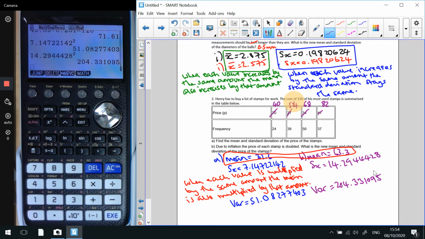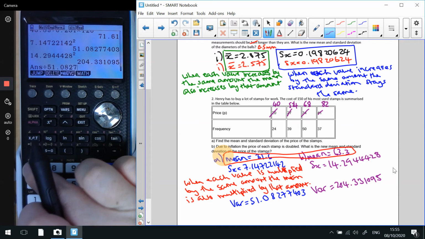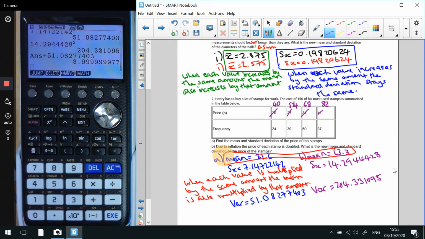If I'm trying to see what I have multiplied to get to this value, I can have a look at dividing our 204.33109, dividing that by our variance for the first one, which was 51.08277.403, which gives us almost 4. And the reason why it doesn't give us exactly 4 is that when we put it into our calculator, we're going to have slight rounding issues.